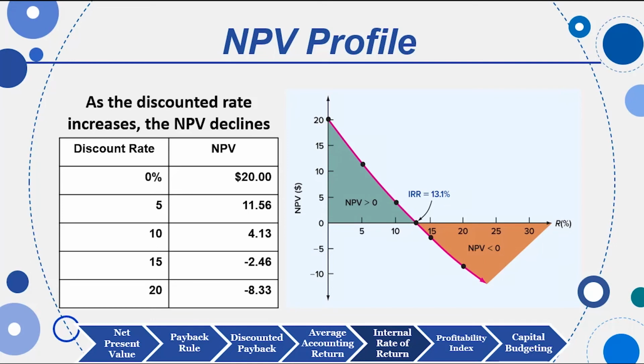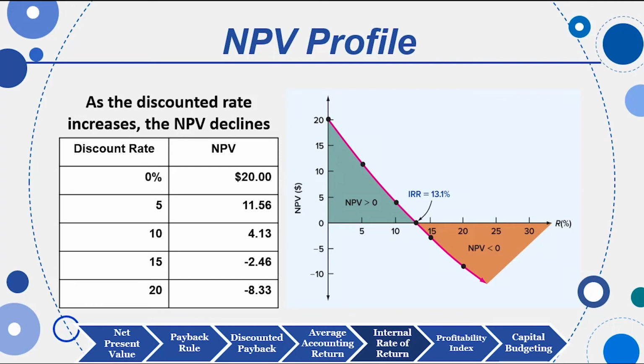And you start basically just plugging and chugging, creating yourself an NPV profile, plug in the rate by trial and error, 0%, then try 5%, and that still gives you a positive NPV, and then try 10%, that still gives you a positive NPV, and then somewhere between 10 and 15%, you cross through the x-axis, and NPV is equal to 0, and that rate is about 13.1%.